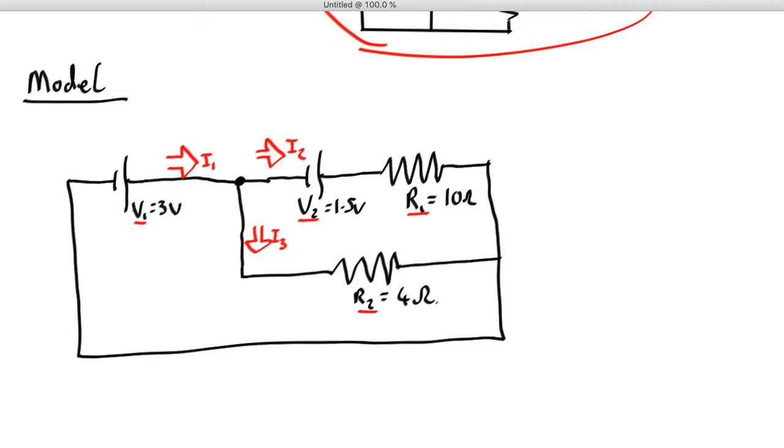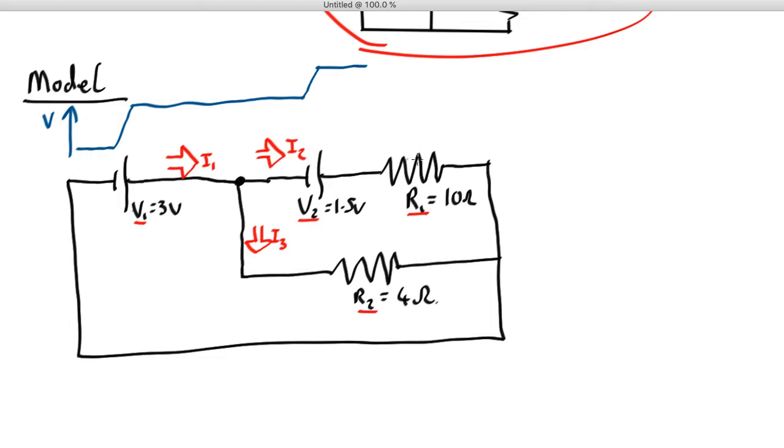Right, that's the current. Now let's think about voltages. What I like to do is a sketch showing the voltage as you go along this top line. So let's say the voltage starts here. Now as you go through a voltage source, the voltage must go up by 3 volts. It then stays flat all the way along the wire, and then here it goes up even further by 1.5 volts. Now we hit a resistor.